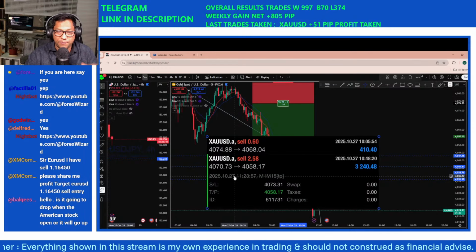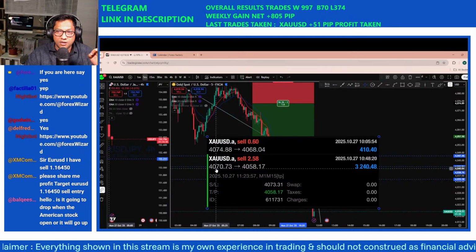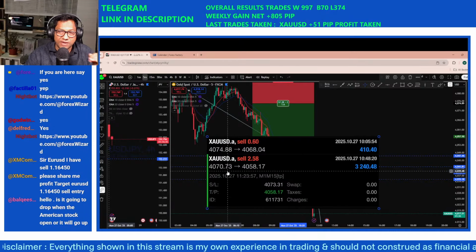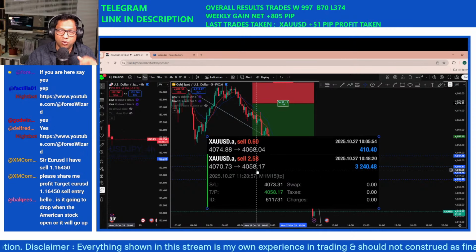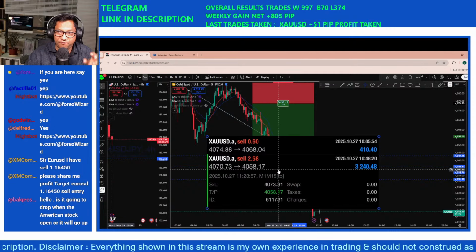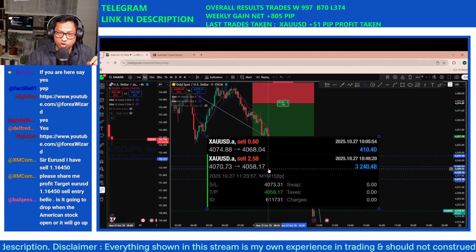If you look at the Gbpjpy, you can see that the trade was opened at 4070.73 and closed at 4058, right? It's a very, very tight stop loss.